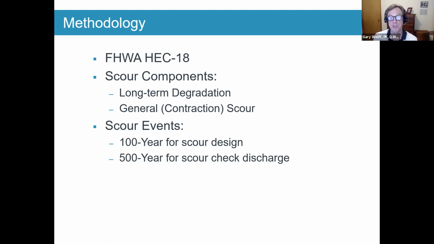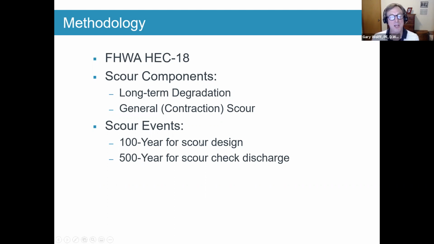But what we're doing, as you'll see in our scour design, we're putting in sloping riprap revetment or riprap around the abutments that's going to prevent that local turbulence from happening. So really, we only need to be concerned with long-term degradation and general scour because the local scour is going to be protected by the riprap.